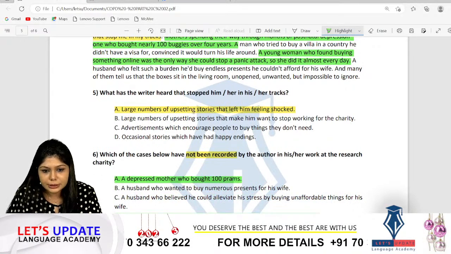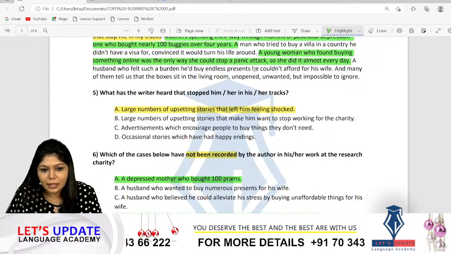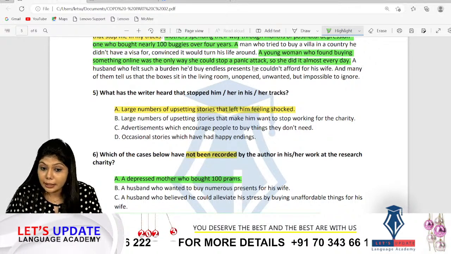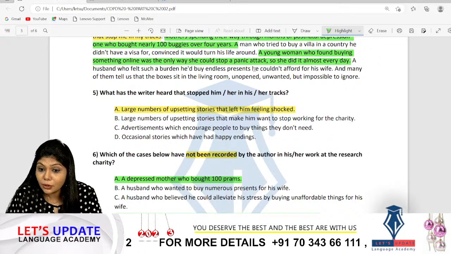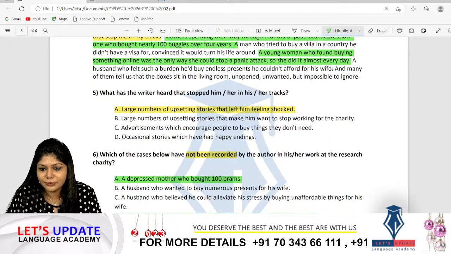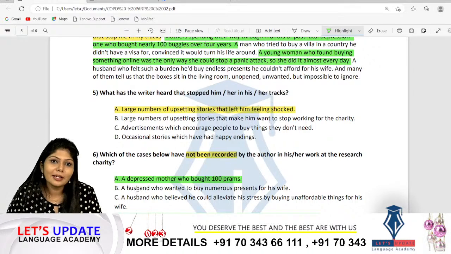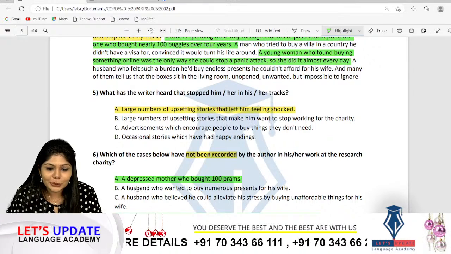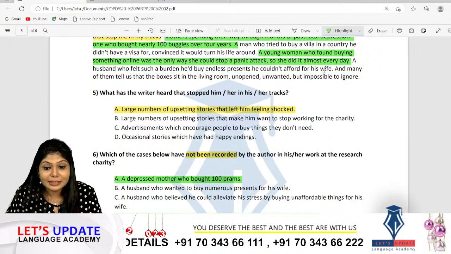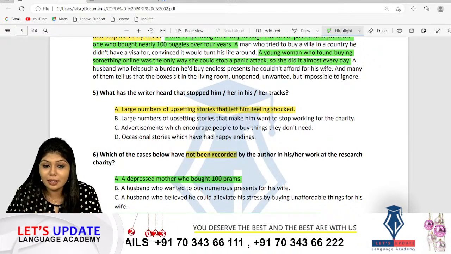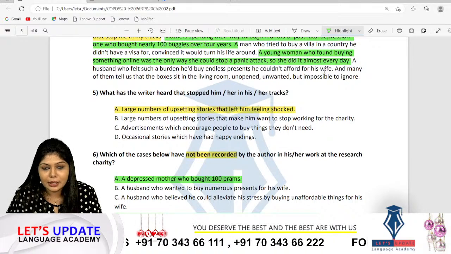Let's have a look at the next sentence in the paragraph: a husband who felt such a burden, weighed down by endless presents he couldn't afford for his wife. So that should be option B or C. It's between B and C now. They have mentioned that he couldn't afford it, but he still bought presents, right?